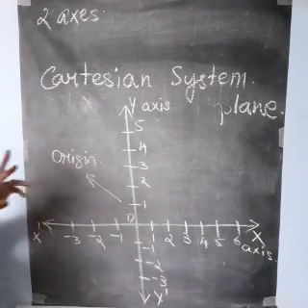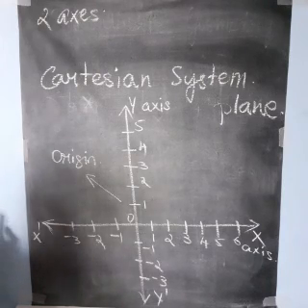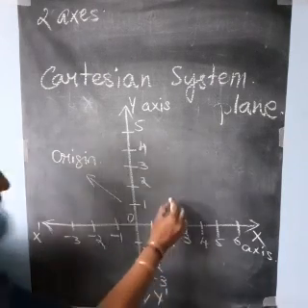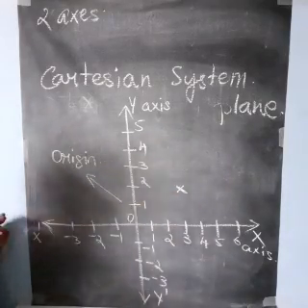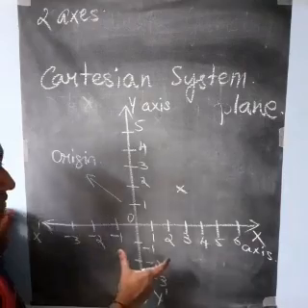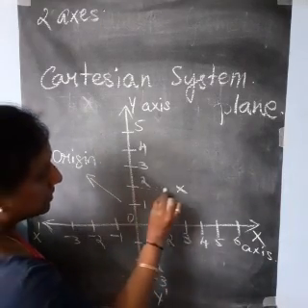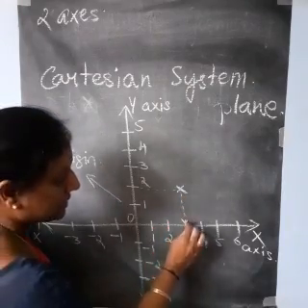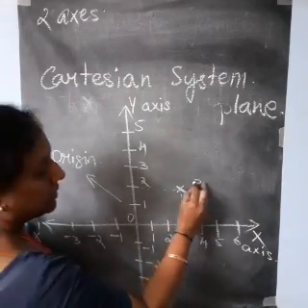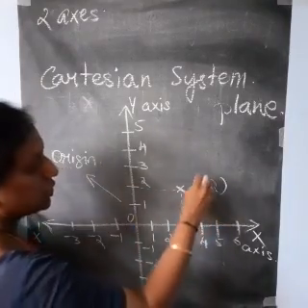Now with regard to these two axes, we could locate any point. Just say we want a point here. How will I give the bearings of this point? If you take it down to the x-axis and y-axis, the value on the x-axis is 3, and on the y-axis the value is 2.